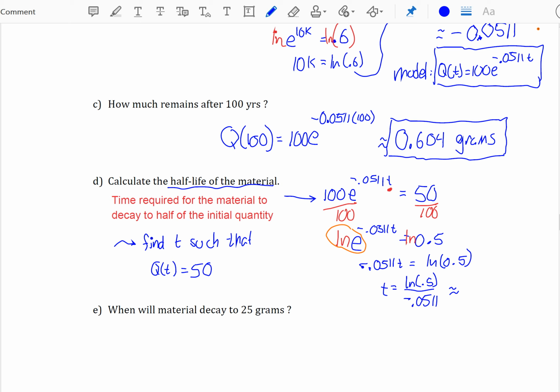So grab your calculator to determine what t has to be. I get, if I go to 1 decimal place, about 13.6 years is your half-life. The amount of time it takes for this substance to decay to half of its initial quantity.